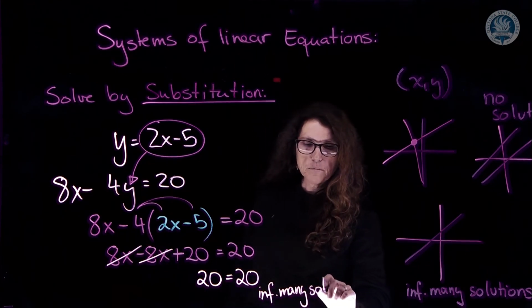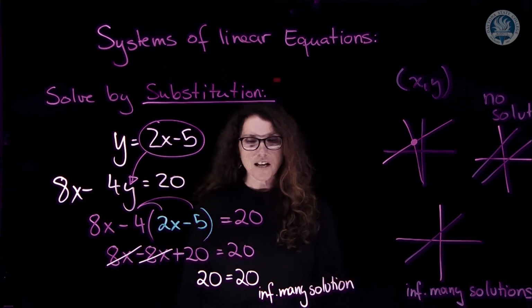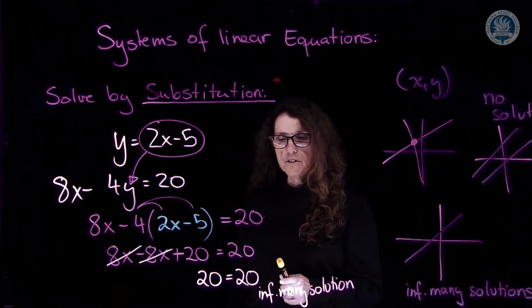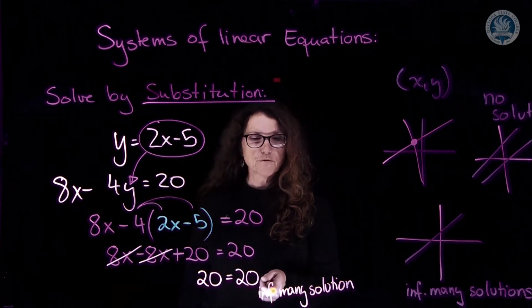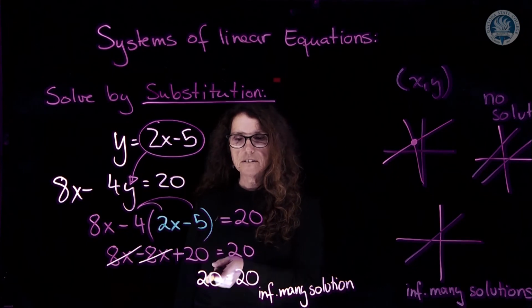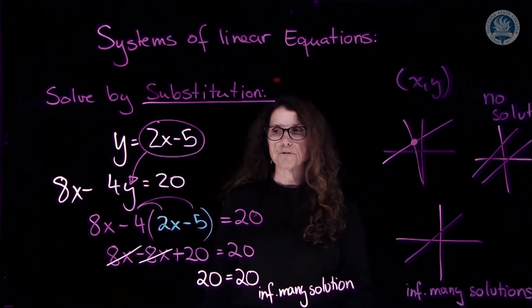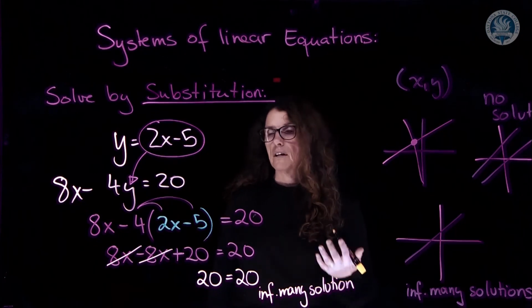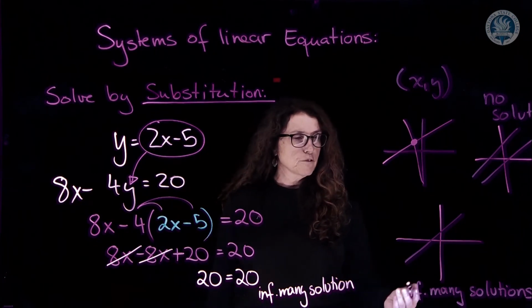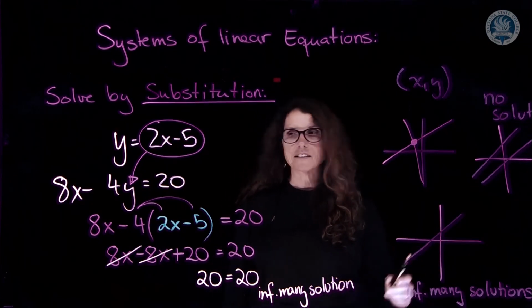So if your variables all cancel out, and no worries, this does happen, then you have infinitely many solutions if you have an identity, if the left-hand side is equal to the right-hand side. That's the case here, which means the lines, if we were to graph that, would be exactly identical.